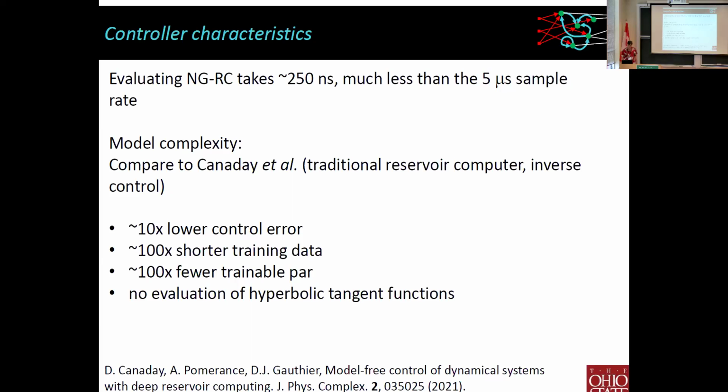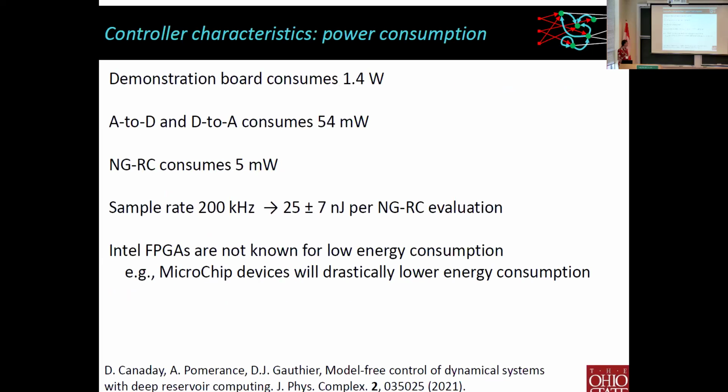So quite good. And then we looked at the power consumption of how much does it take to evaluate the nonlinear machine learning model. And that's usually the bugaboo. We've got data centers that are trying to learn AI stuff, and you need a nuclear power plant next to it to evaluate. So power is a big deal.